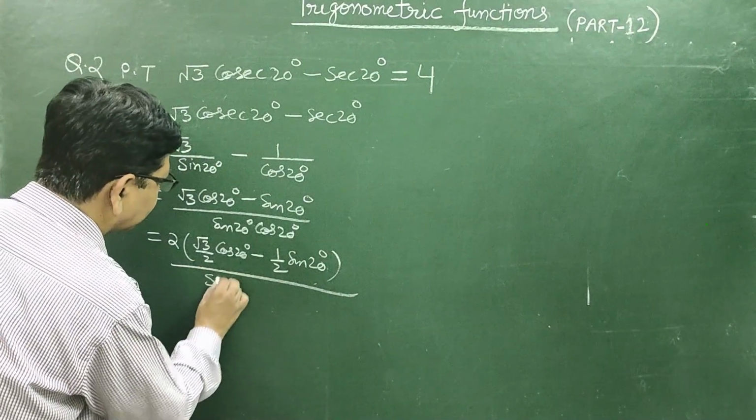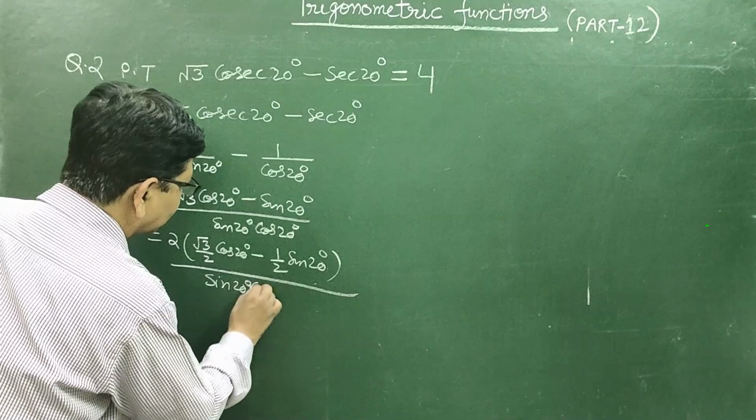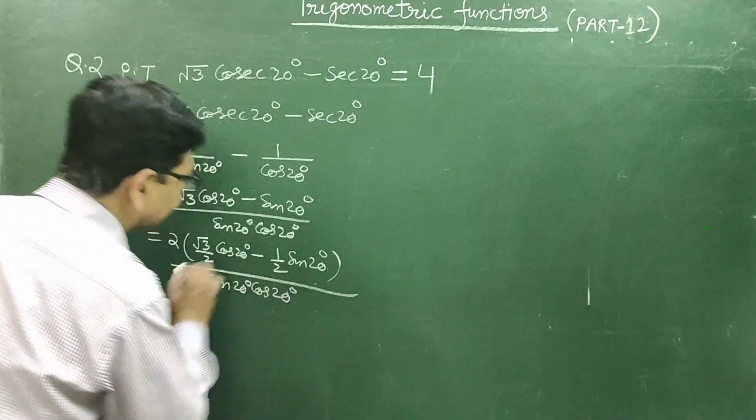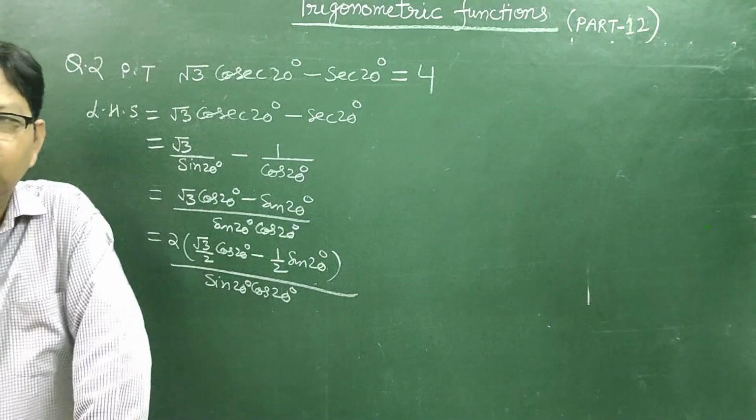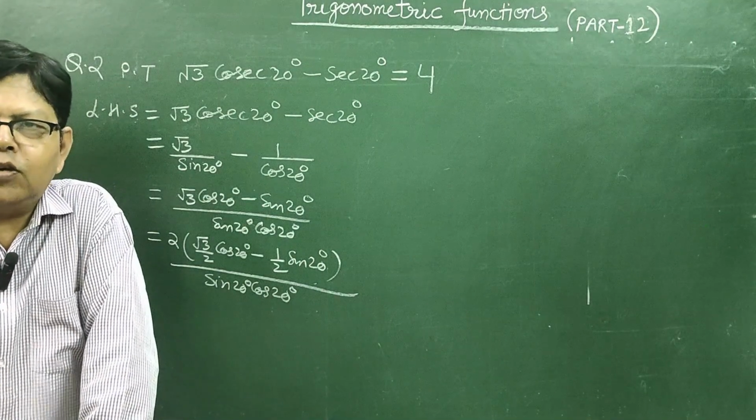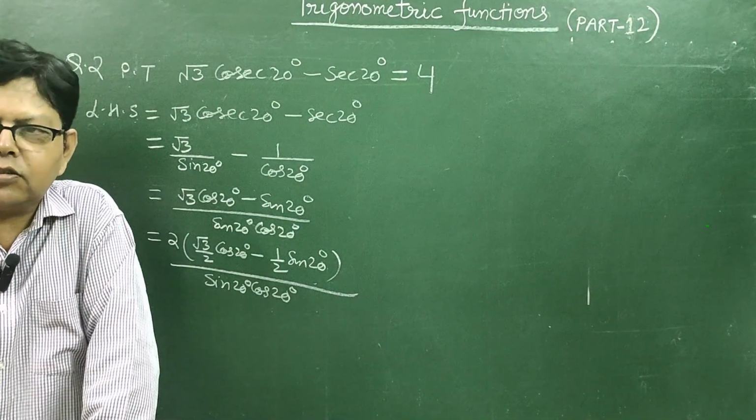Upon sin 20 degree cos 20 degree. Now this root 3 upon 2, students, you know that root 3 upon 2 is equal to sin 60 degree.